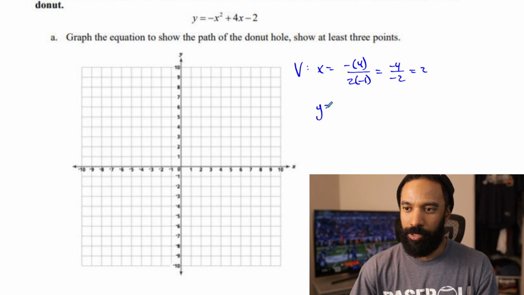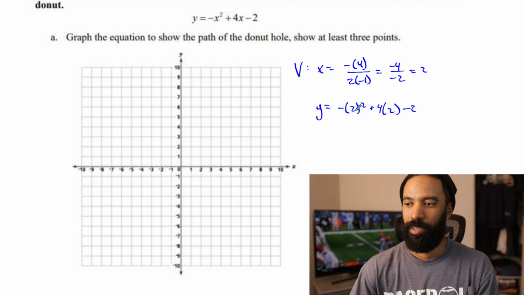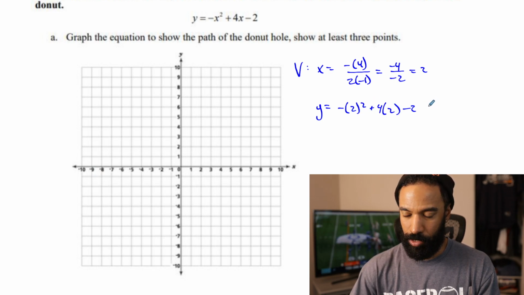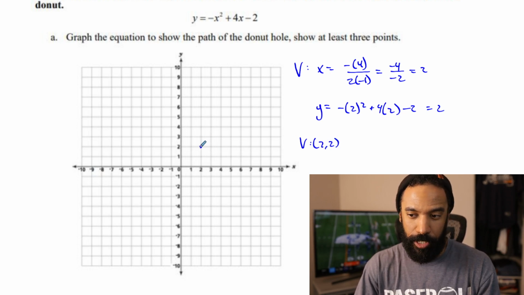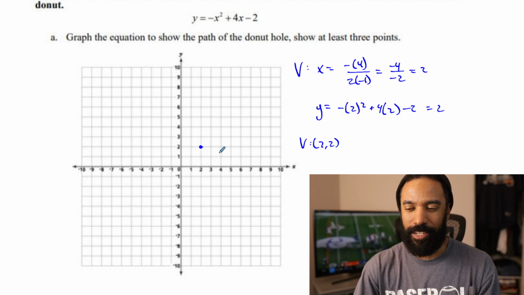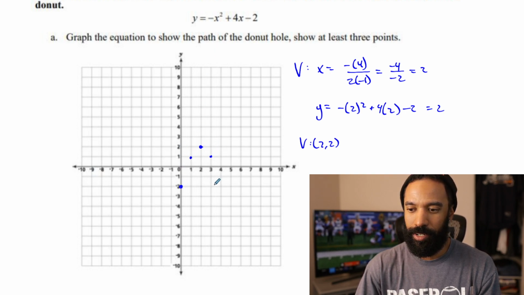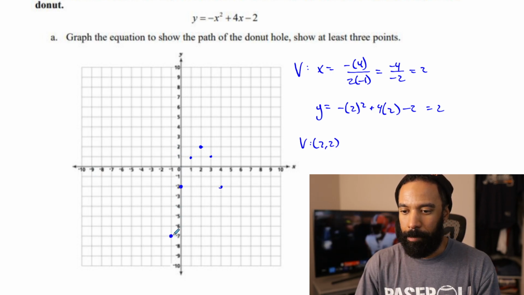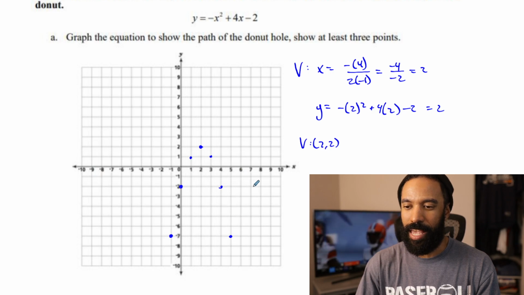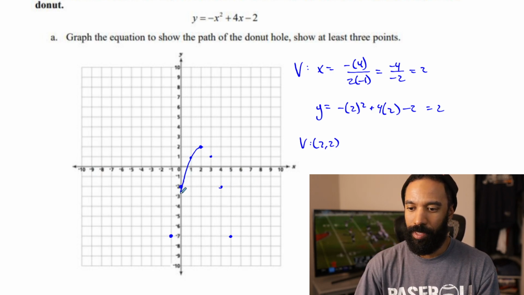The y value is by substituting 2 into here. Negative 4 plus 8 is 4 minus 2 is 2. So your vertex is at 2, 2, which is the maximum height of the donut, I suppose. The stretch factor is negative 1. So I'm going to go 1, 1, 2, 4, and 3, 9. Hey, I plotted at least 3 points. I plotted 7. And it's the same 7 as what we had last time.